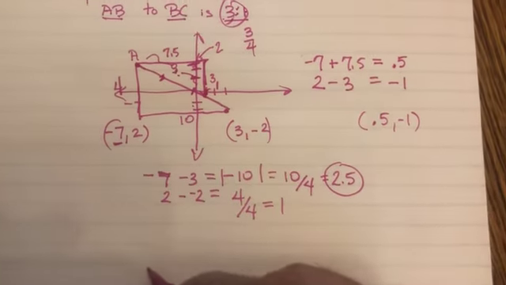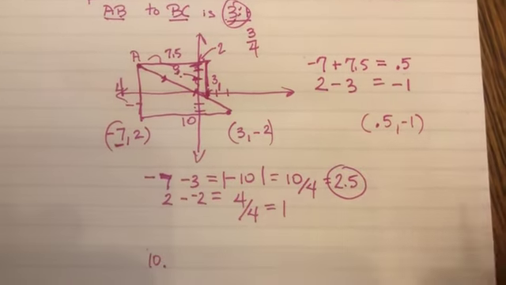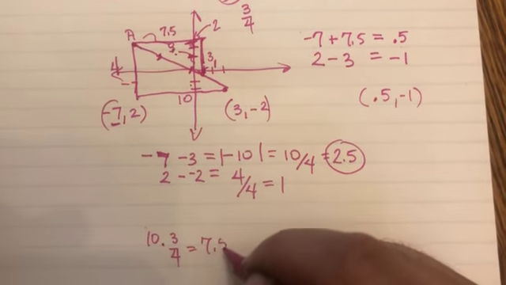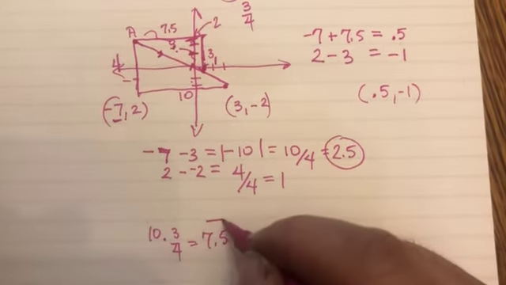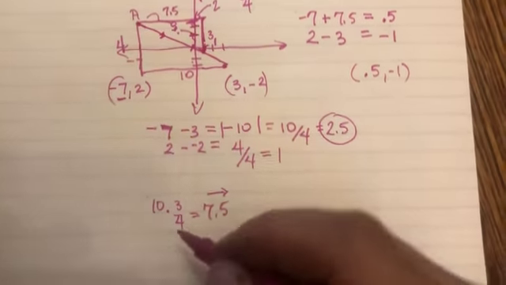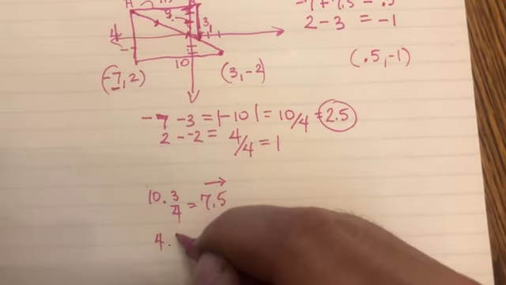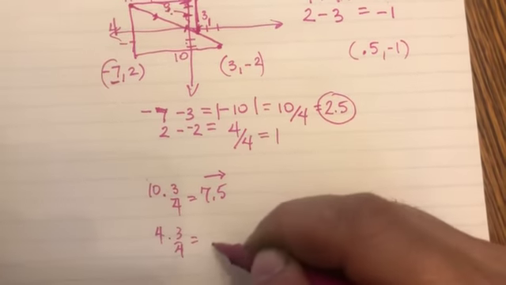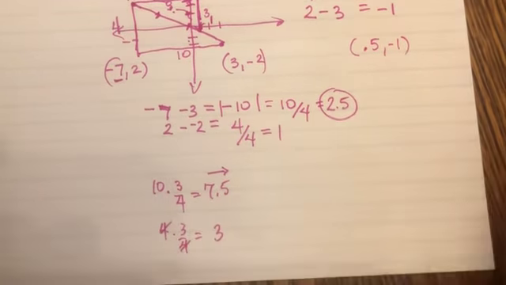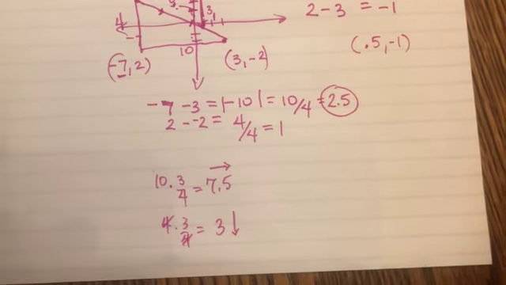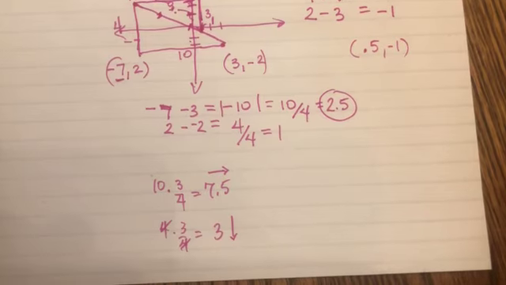So if I go down here and I take 10 and I multiply it by 3/4, I end up with 7.5, which is how much I needed to move to the right. And if I take 4 and multiply it by 3/4, I get 3. And that's how much I needed to move down the y-axis.